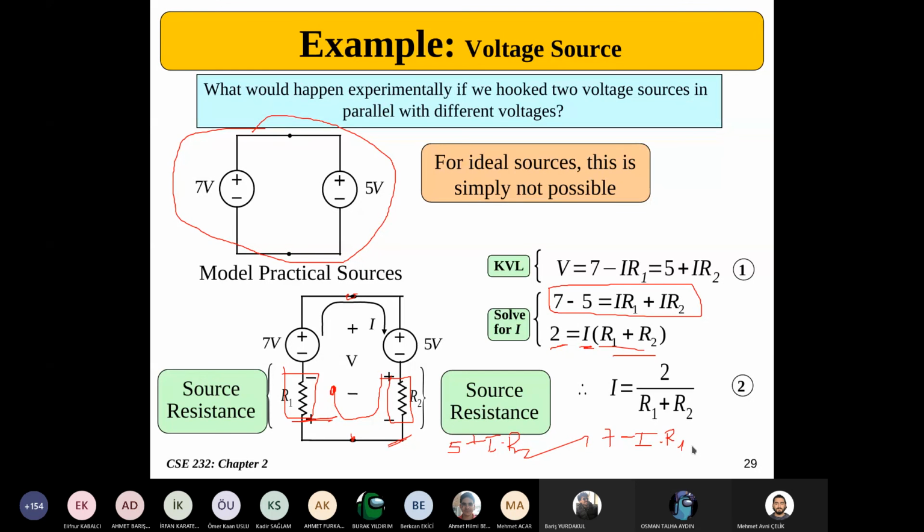Just looking at those two values, can you guess the voltage difference between those two? Can you at least make a clever guess saying it is between those two values? Assuming I is positive and the resistances are positive, I can say that the value of the voltage across these two terminals should be greater than 5, but less than 7.